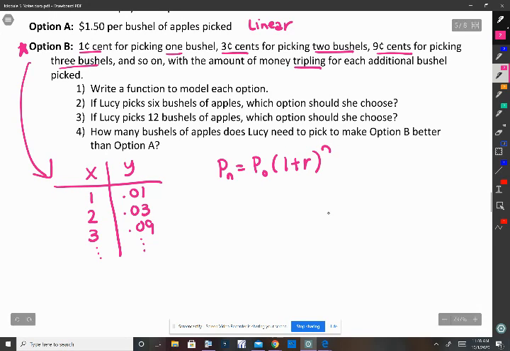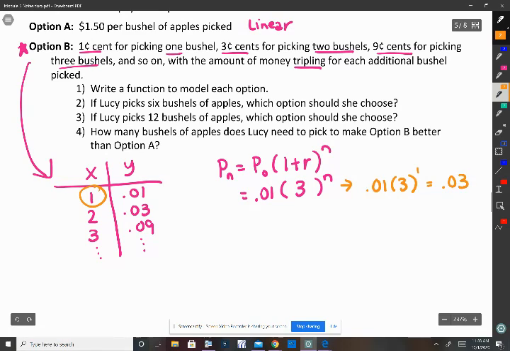our general form. We know that we're getting paid 1 cent, and then this rate of change is 3 to the nth power. Now, we have sort of an issue, because if I put in 1 here, then I get 3 cents. Excuse me. If I put in 2, that's still a 1.